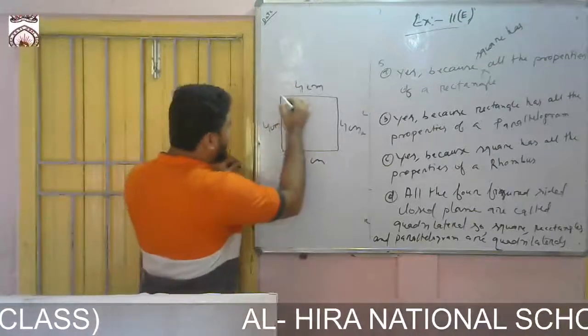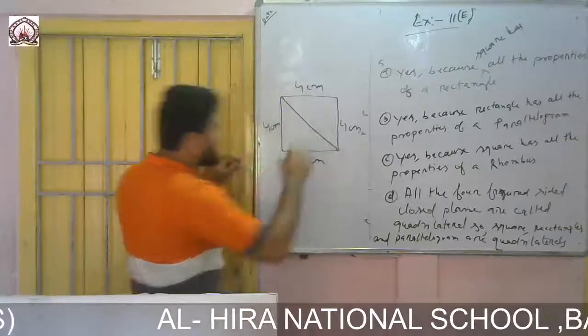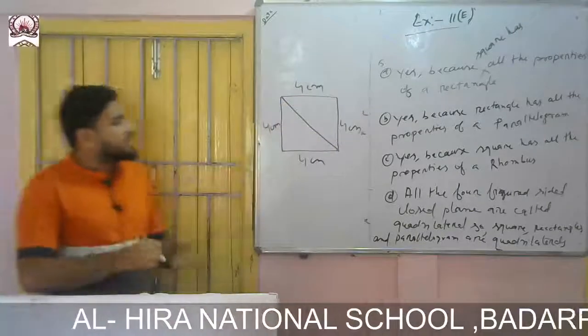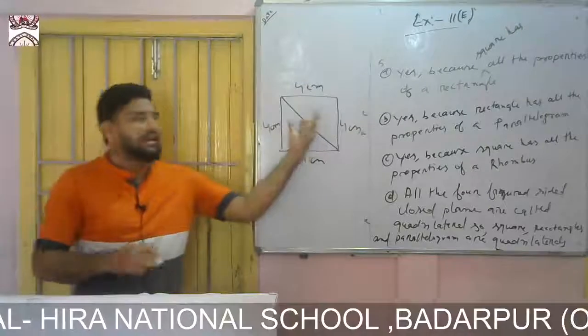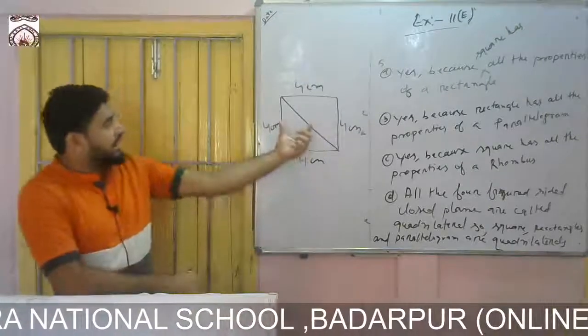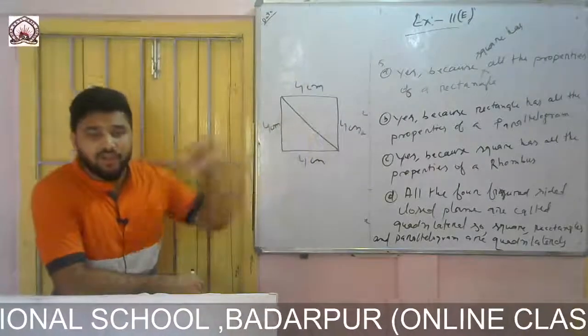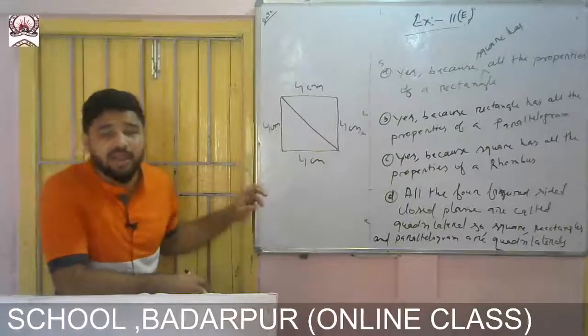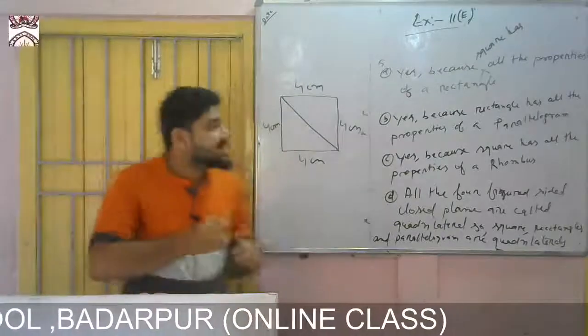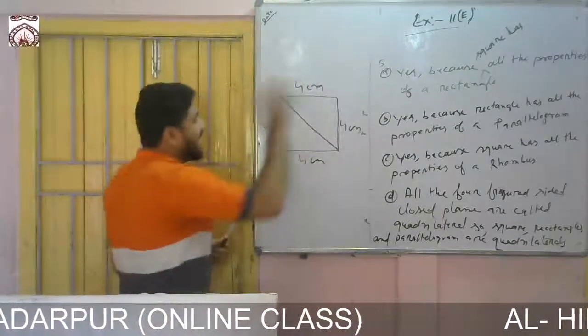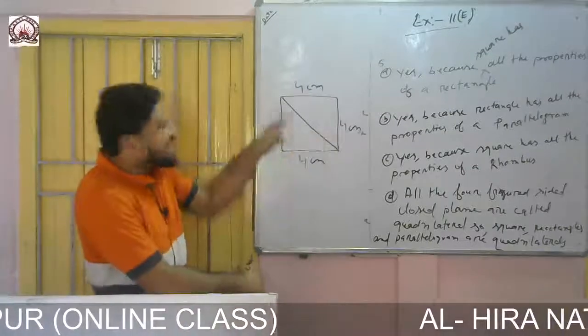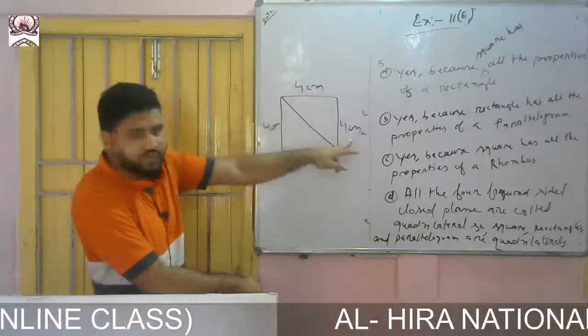If I draw one diagonal, then I can say that this diagonal divides it into two isosceles triangles. How? In an isosceles triangle, two sides are equal. Since the sides of a square are equal, if this one is 4 centimeter, this one also is 4 centimeter.